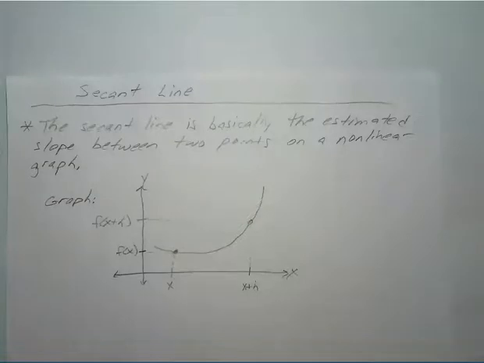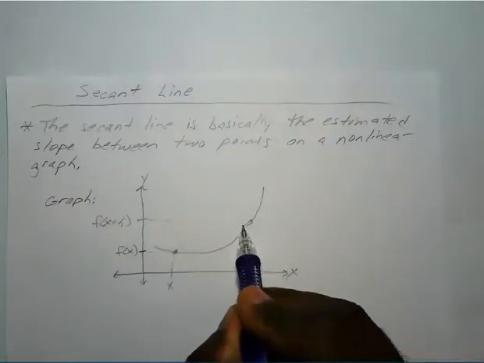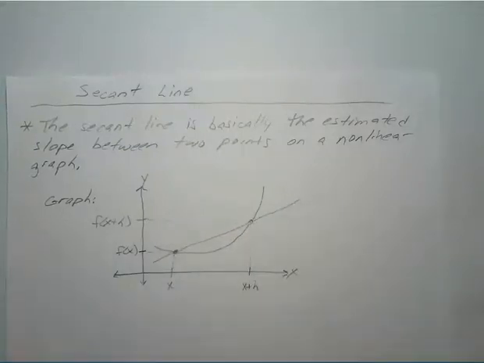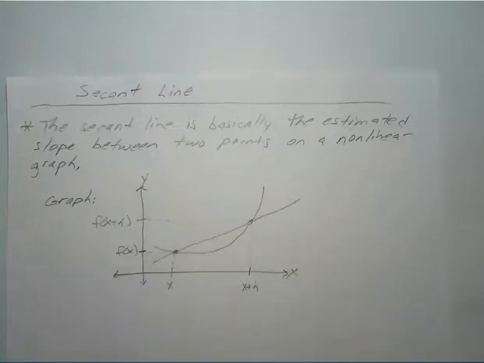What a secant line is basically is the slope between those two points, a straight line that shows the slope between them.